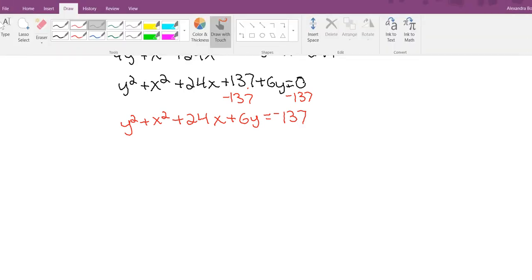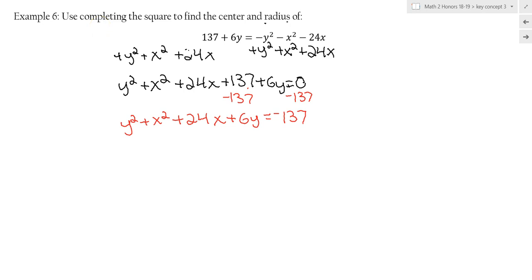Now I need to group my x's and my y's, but I want to put them together. So I have x squared plus 24x, and then y squared plus 6y.